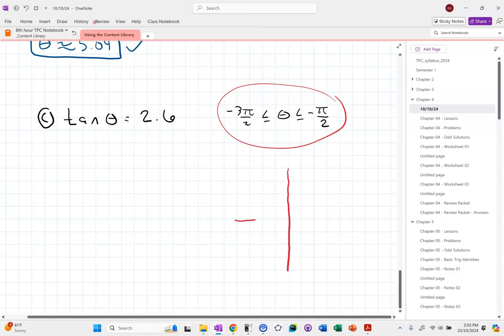So remember, when we draw our standard position angle, which way do we go if it's a negative value? We go clockwise, right? So negative pi over 2, negative pi, negative 3 pi over 2.